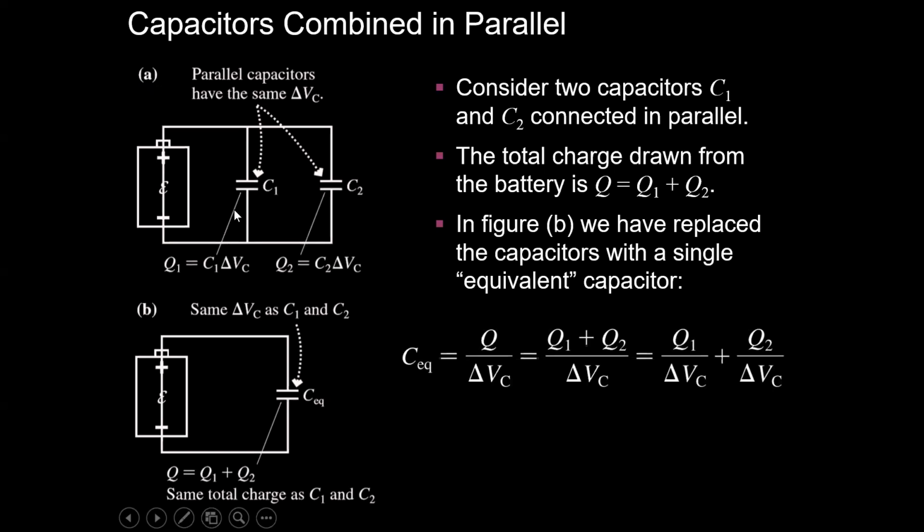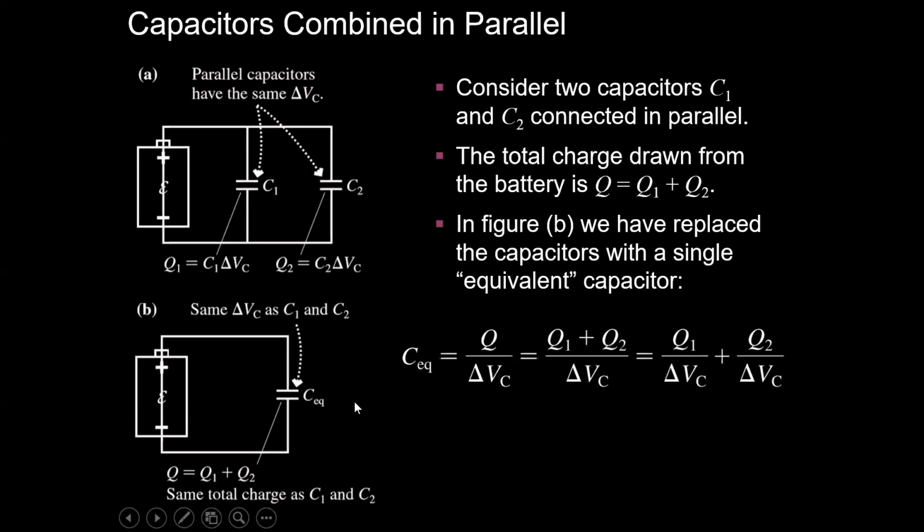If you go through the derivation in the textbook, you'll see that the total charge delivered by the battery to these two capacitors in parallel is the same as if the battery was connected to a single capacitor with capacitance equal to the sum of the two.